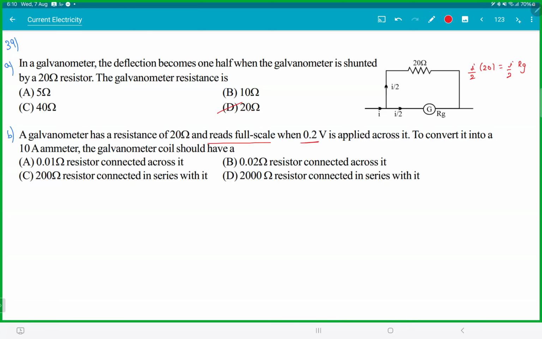Now you want to convert it into a 10 ampere ammeter. Full scale, that is, max IG, then this 0.2 would be the max voltage it can measure. Basically, the range of the voltmeter is 0.2 volts.